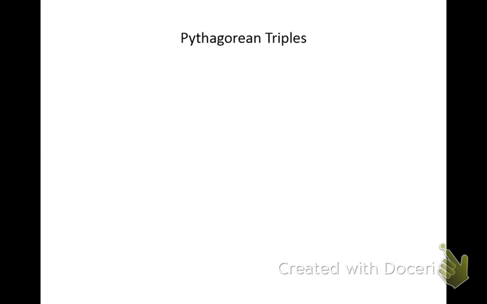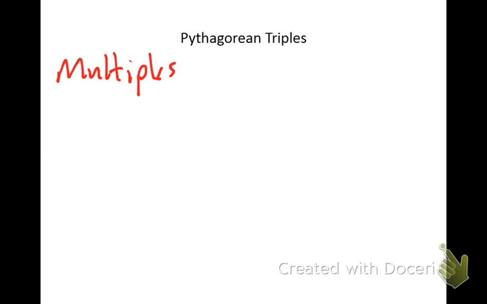Okay, then the Pythagorean triples, we talked about that. Something kind of useful to know for the Pythagorean multiples: I can come up with multiples if I have two numbers.